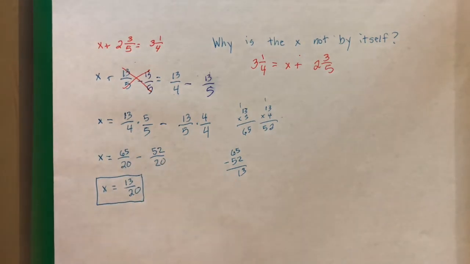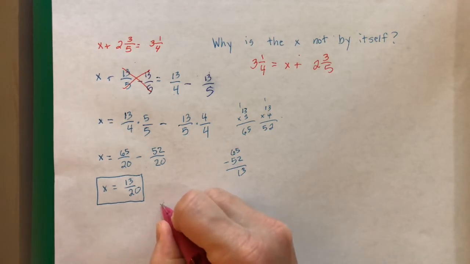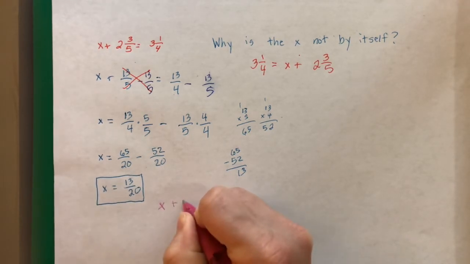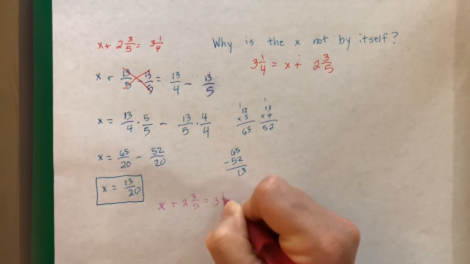Now, whenever we do one of these, we want to check it. The way I check is to start by writing down the original equation, x plus 2 3/5 equals 3 1/4.